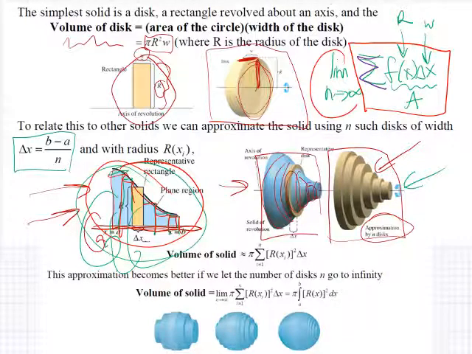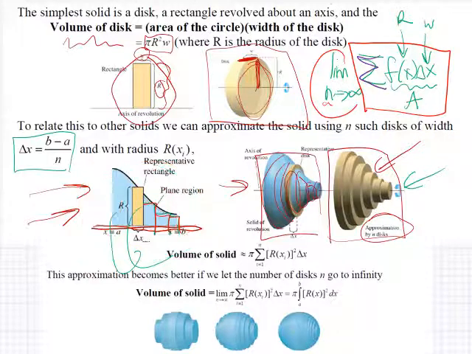If we let the number of rectangles, which n represents the number of subdivisions, go to infinity, our error would shrink down. And if our error shrinks down, we go from an estimate of the area to the actual area. So that's the area. Now, how do we take that and then put that into volume?